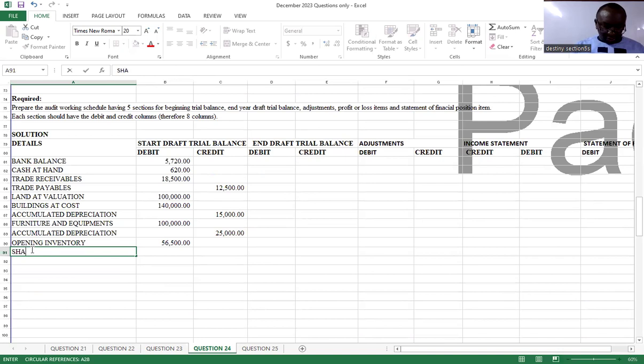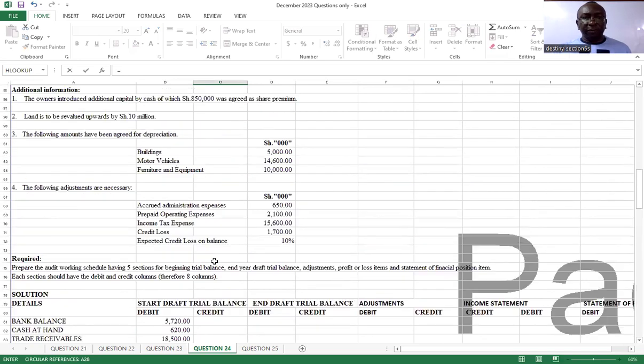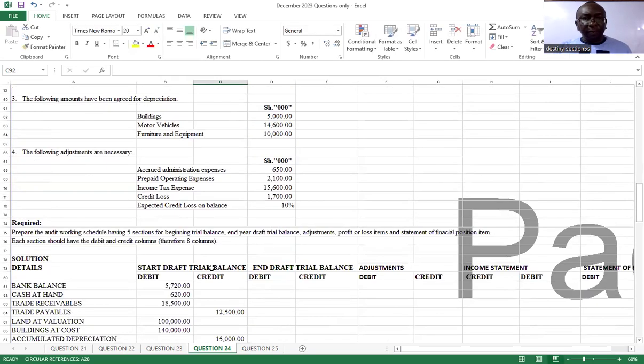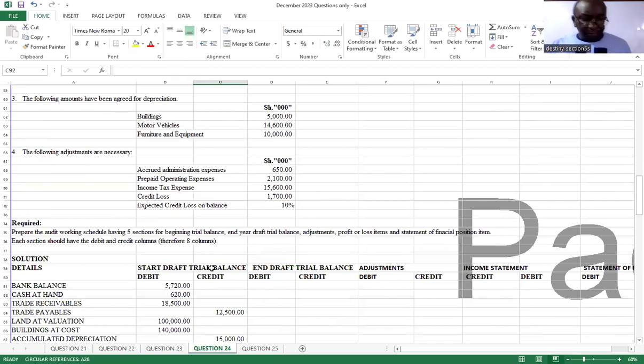Share capital. So share capital, we know so well, should be a credit balance. So you come here and say equals this one. You enter. Share capital is followed by share premium.